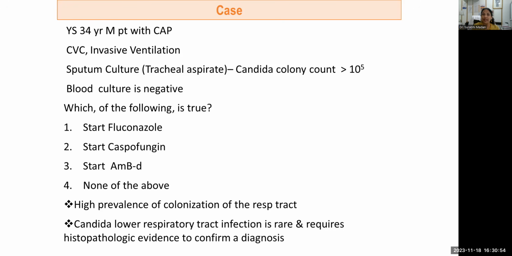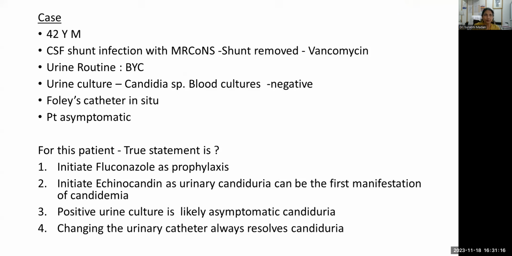So whenever we have Candida coming from the respiratory tracts, like in this patient, nothing has to be done. Of course, we have to keep a very close watch, because colonization with Candida, especially multifocal colonization, can be a telltale sign of the presence of candidemia.